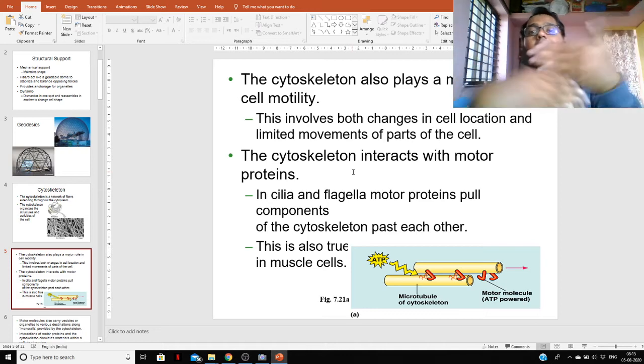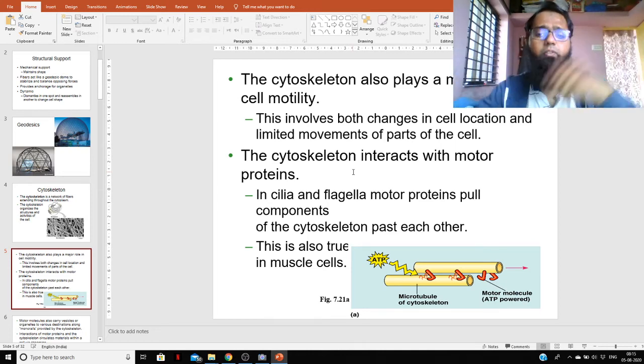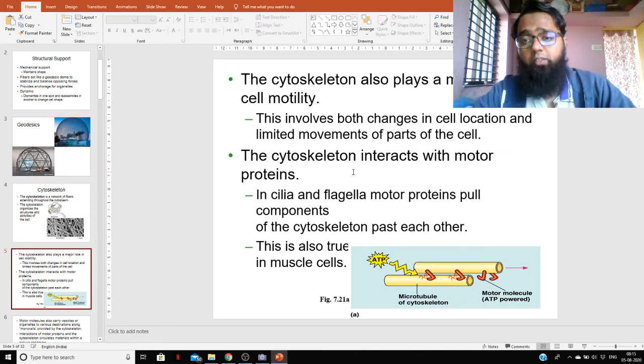That means they show a gliding movement. You can see it in the bottom part of this slide, where a microtubule of the cytoskeleton and a motor protein, powered by the ATP molecule, are both gliding upon each other, giving rise to cell motility. This is also very true in muscle fibers. Every animal's body has muscles, and its movement is shown by these particular things.